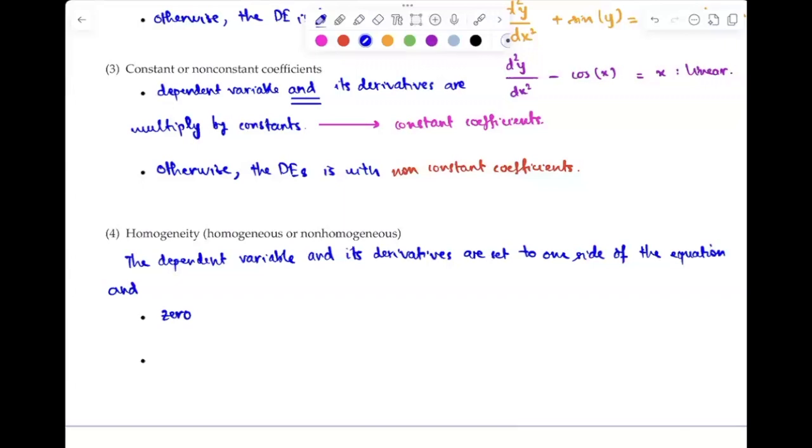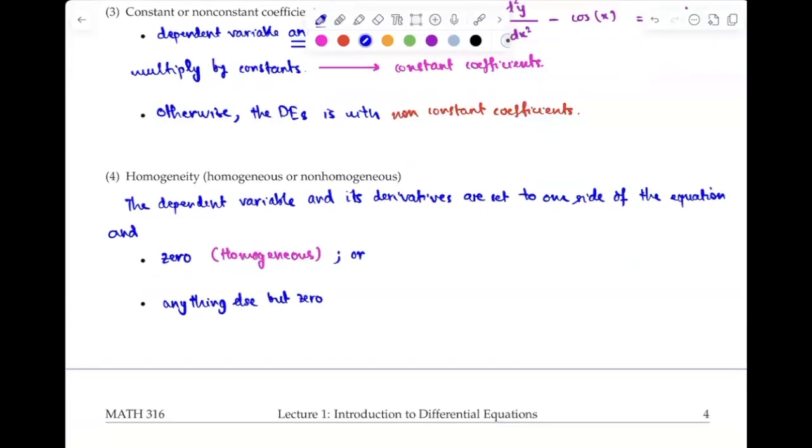When you have 0, this is called a homogeneous differential equation. Anything else but 0 on the other side is the case of non-homogeneous.